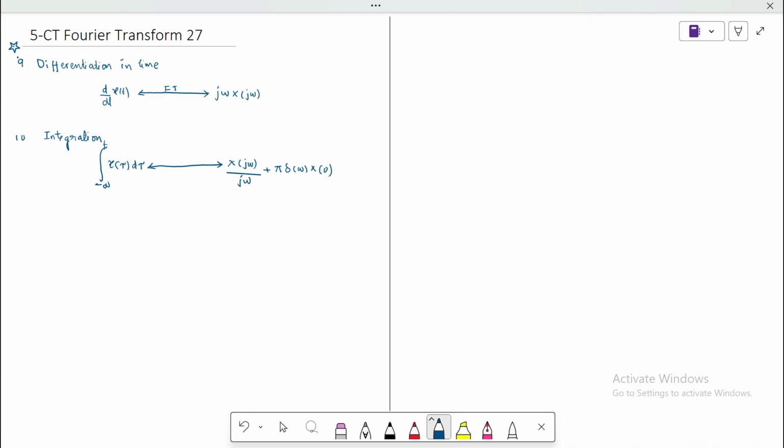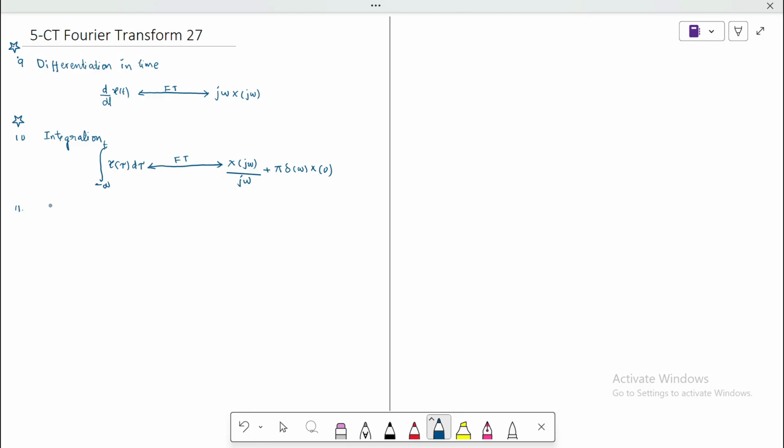X of 0 is nothing but 0 substituted in X of j omega. This is the Fourier transform. It is also an important property.